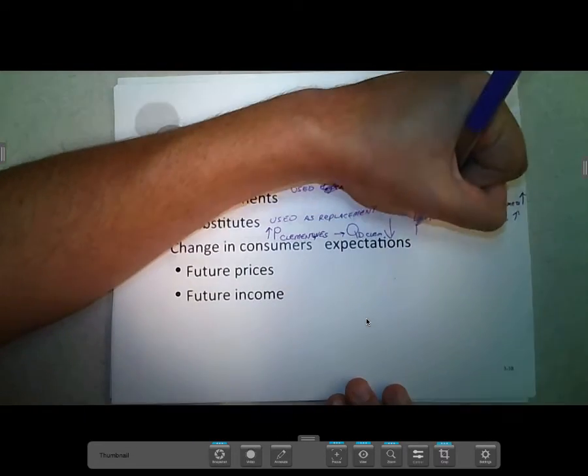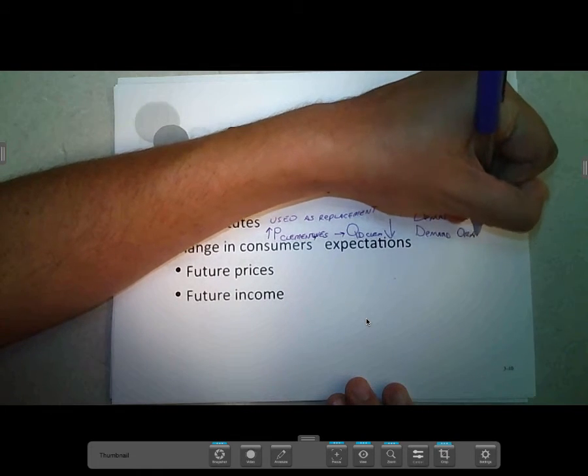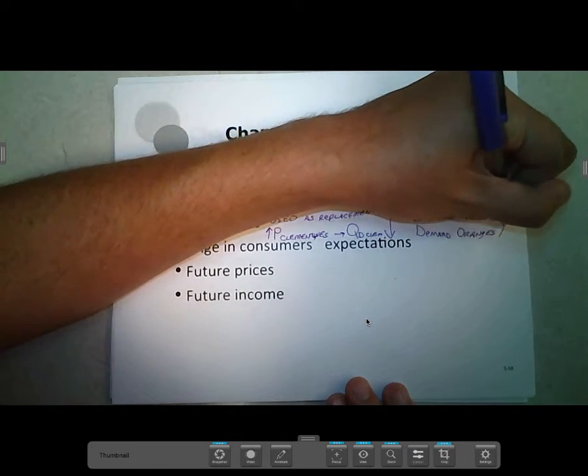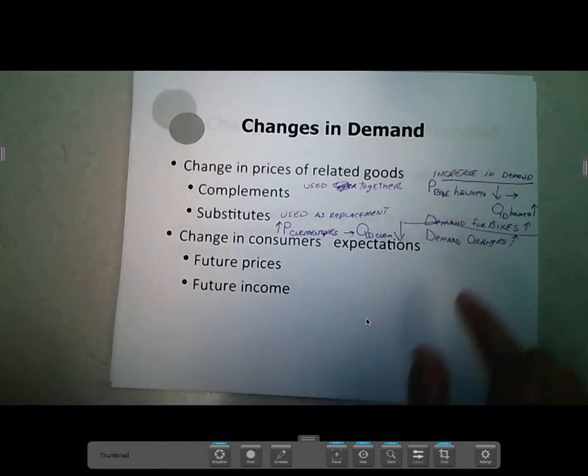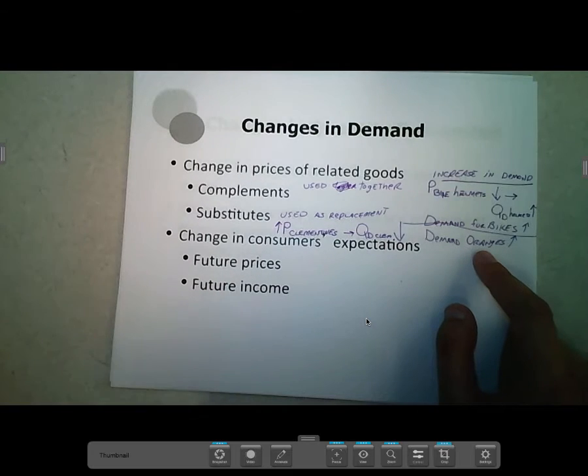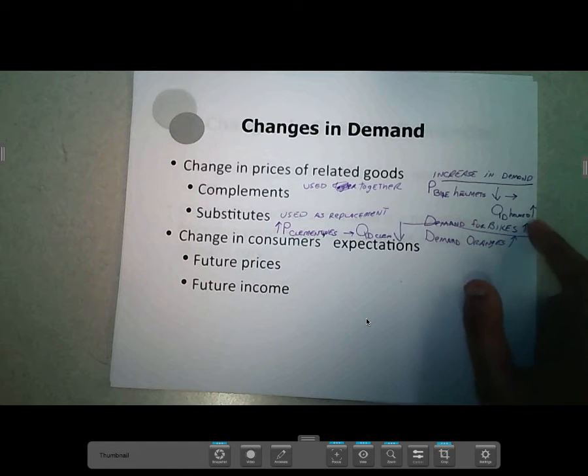So in this case now, my demand for oranges increases. My demand for oranges was affected by something other than the price of oranges. Just like here, my demand for bikes was affected by something other than the price of bikes.